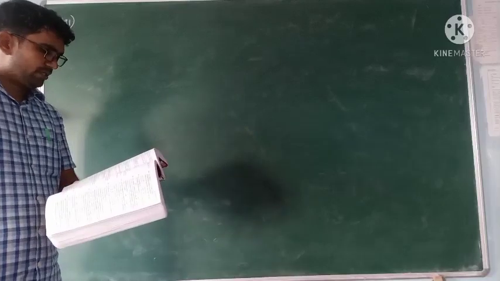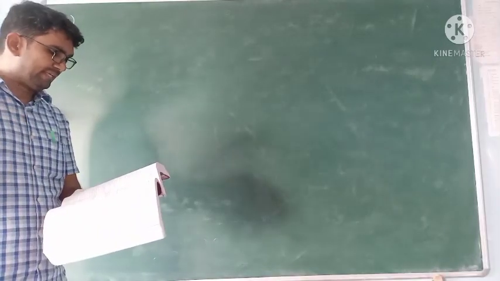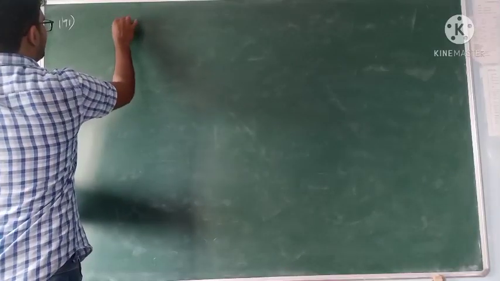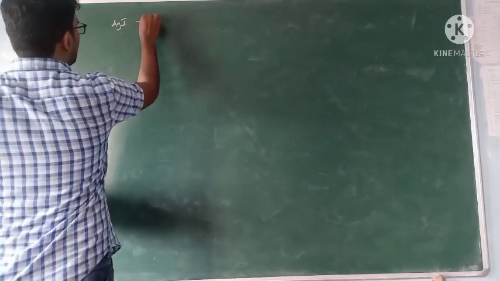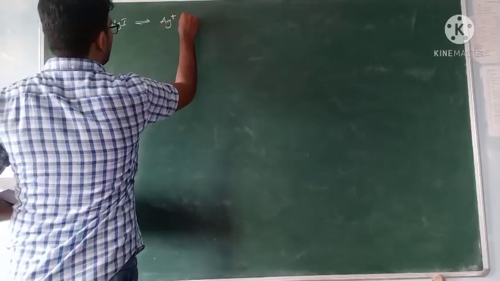Next, 191. Solubility of AgI in 0.05 molarity BaI2 solution is 10 to the power of minus 15. First AgI, how is it dissociated? This is dissociated as Ag plus and I minus.